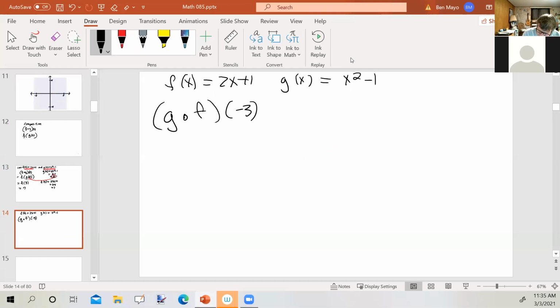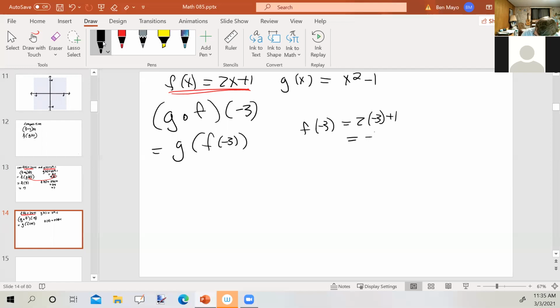Well, G composed with F of negative 3 is G of F of negative 3. Well, let's see, F of X equals 2x plus 1. F of negative 3 equals 2 times negative 3 plus 1, which is negative 6 plus 1, which is negative 5.